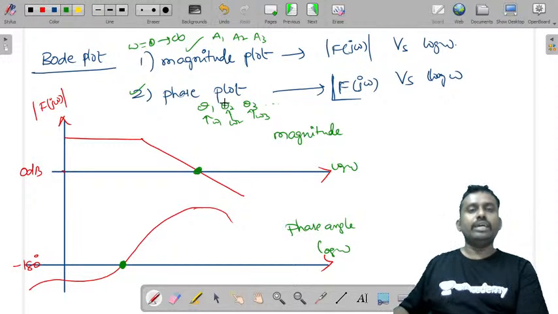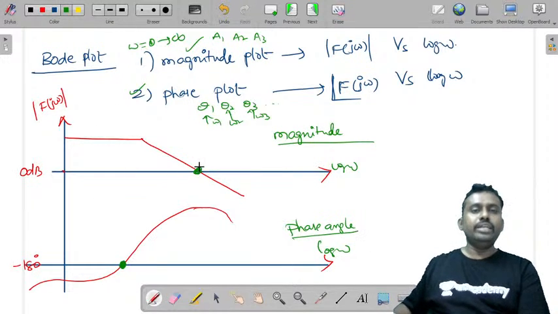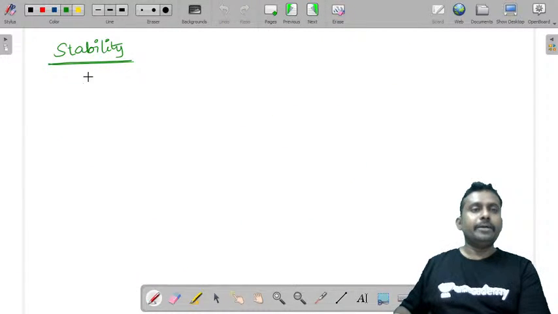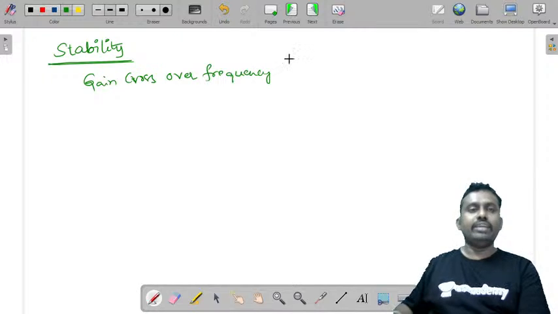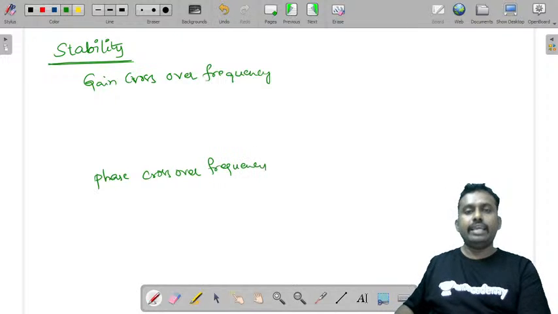From this, we need to analyze the stability of a system. And how do you analyze the stability of the system from these two plots, the magnitude plot and phase plot? You need to know some of the terms, that is gain crossover frequency and phase crossover frequency.